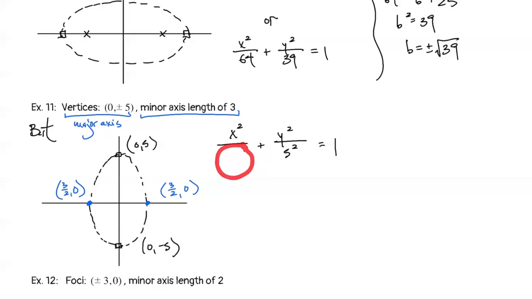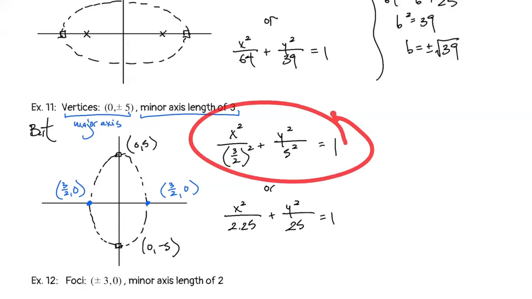Because I would not want to put 3 squared. Yeah, I'd want to put 1.5 squared or 3/2 squared. Okay. And that's absolutely fine. If you want to expand this a little bit, you could do x squared over, I think this turns out to be 2.25, plus y squared over 25 equals 1. But there's nothing wrong with leaving it like this. Okay.